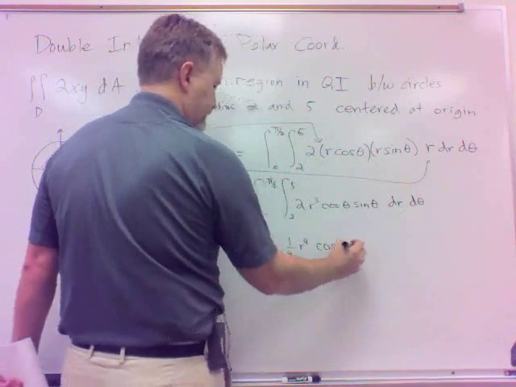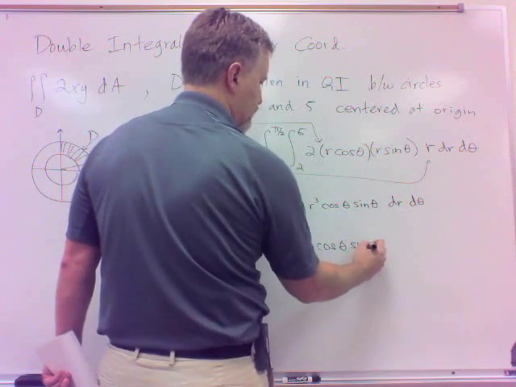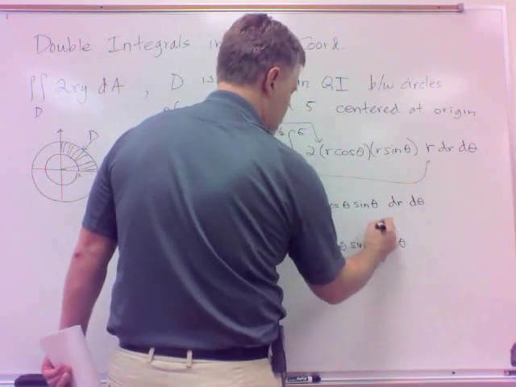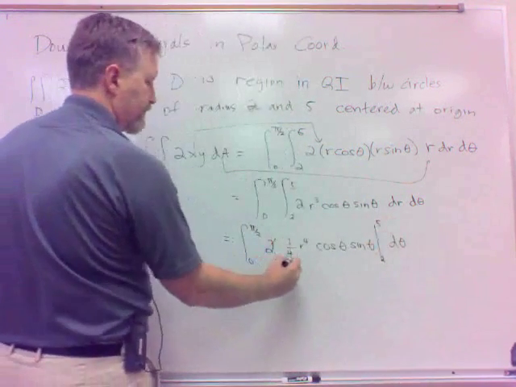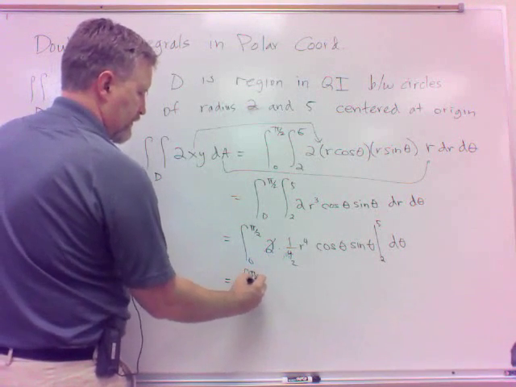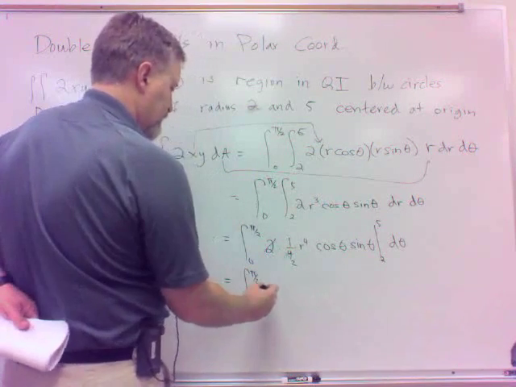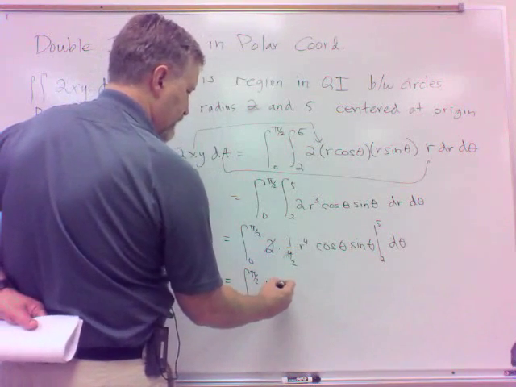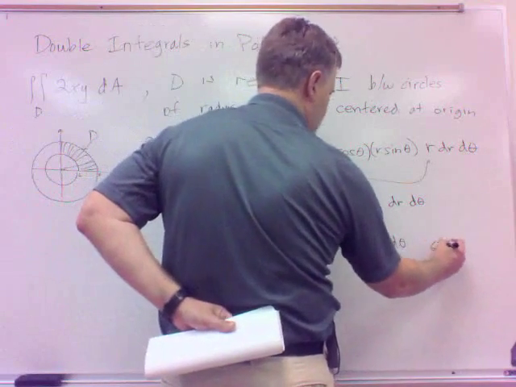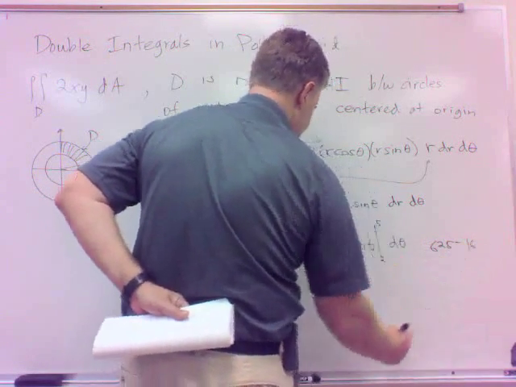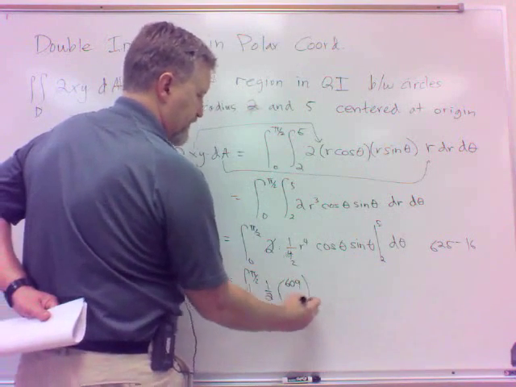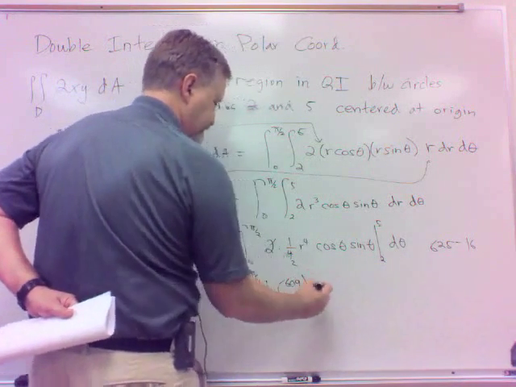So 1/2 r to the fourth, 2 to 5. Let's see, 1/2. We've got 625, 5 to the 4th, minus 2 to the 4th, 16, so that's 609 times 1/2.